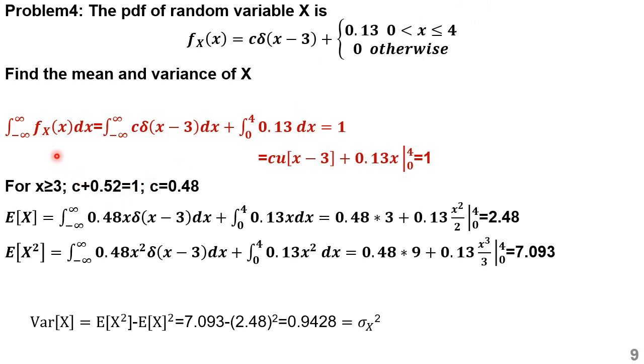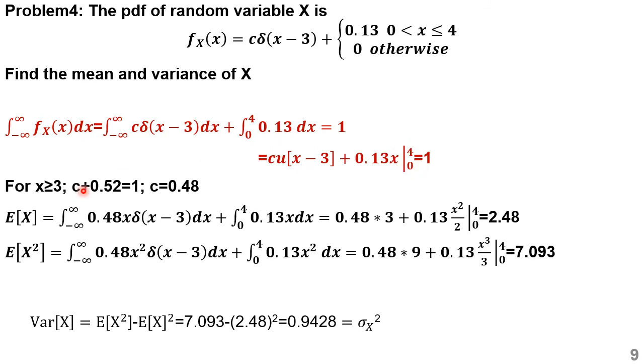So we have here integration of f x of x dx, that is integration of c delta of x minus 3 dx plus integral of 0.13 dx from 0 to 4 equal to 1. Integration of an impulse function is a pure step function. Integration of this is 0.13x, its value varies from 0 to 4.